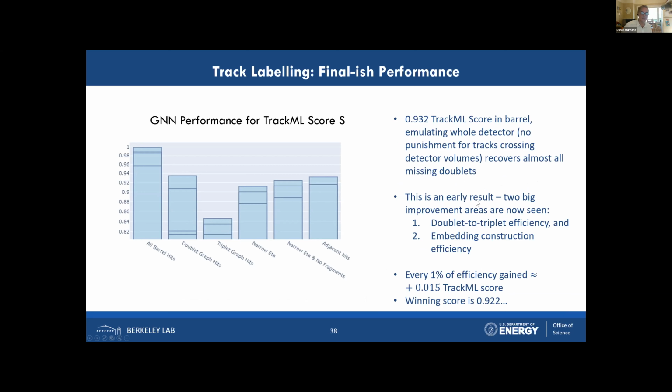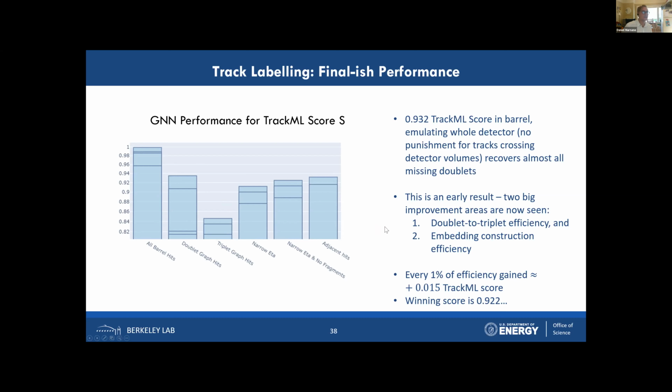These were obtained in the last month or so, and we're trying to understand how to improve these 2 big holes of the embedding efficiency and the doublet efficiency. And of course, the winning score for the TrackML challenge was 0.92. The timing of that score, I believe, was around 8 minutes per event.